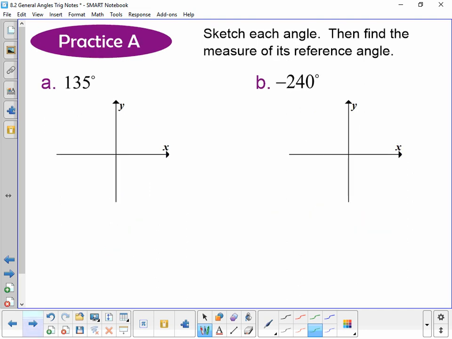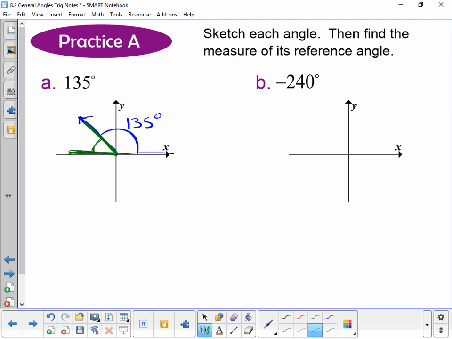Okay, let's try a couple more. 135 degrees, so if we're starting here, this would take us to 90. We need to go about 45 more to get to 135 degrees. So here's our terminal side. The reference angle for this angle, 135 degrees, would be the angle between the terminal side and the x-axis.